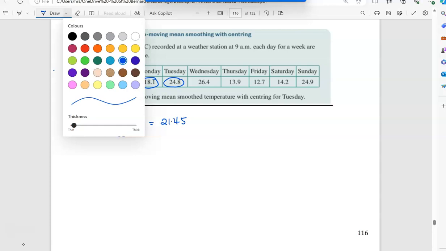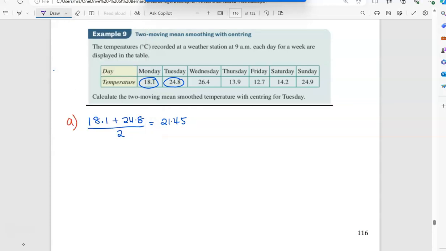And then I like to do a different symbol. I'm going to put a square around Tuesday, and then I have to do one above it as well. Because I'm doing 2, 24.8 plus 26.4 divided by 2 equals 25.6.